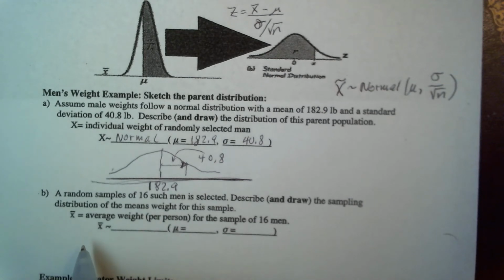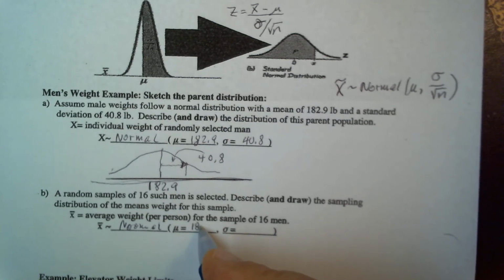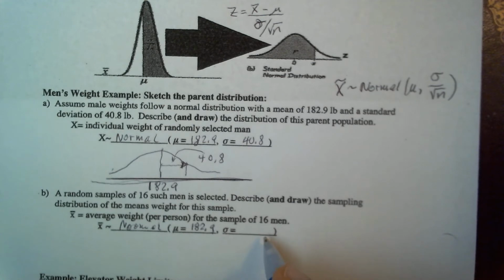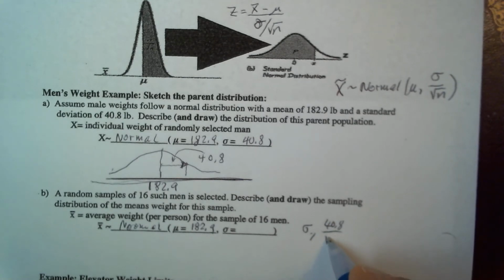So then X bar is normally distributed with a mean of 182.9, but the standard deviation is equal to, well, the sample standard deviation is equal to 40.8 divided by the square root of 16.